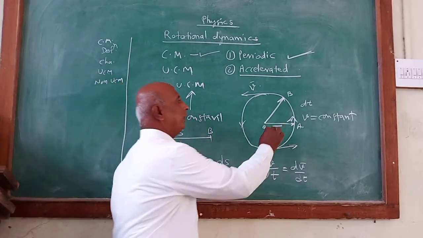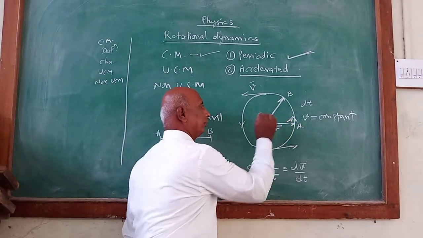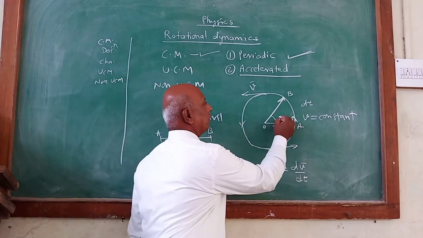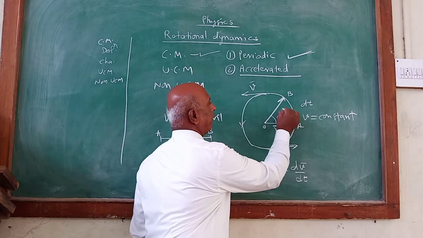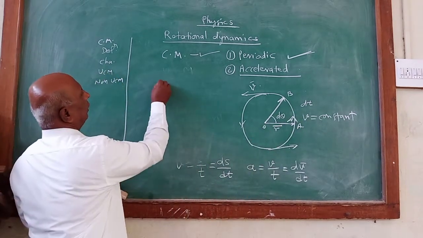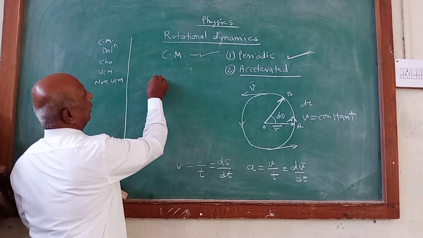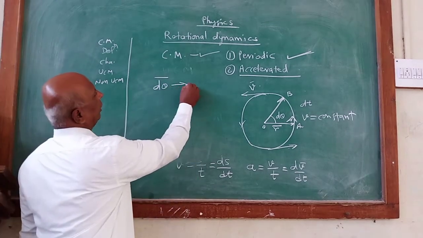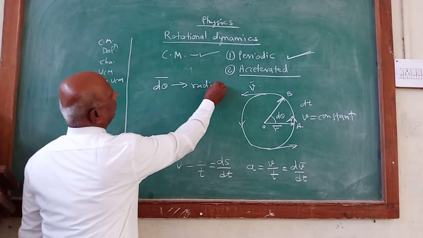Then the angle traced by this radius vector in the given interval of time is called angular displacement. So angular displacement d theta is a vector quantity and its SI unit is radian.